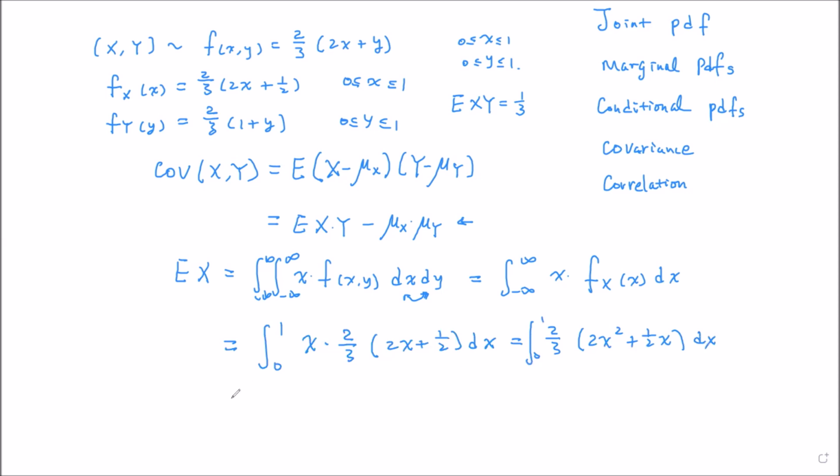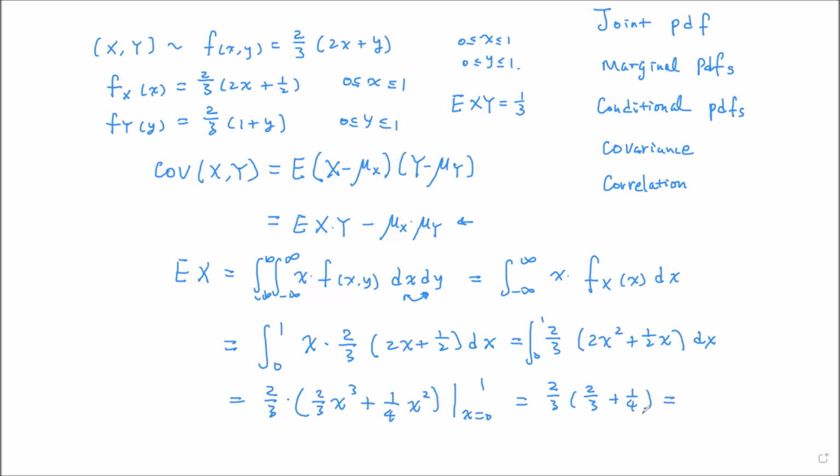Find the antiderivative: 2/3 times 2/3 x to the third plus 1/4 times x squared, because the antiderivative of x is 1/2 x squared, and then 1/2 of that is 1/4, x from 0 to 1. You have 2/3 times 2/3 plus 1/4.